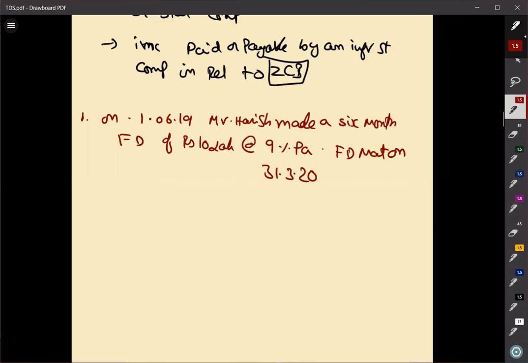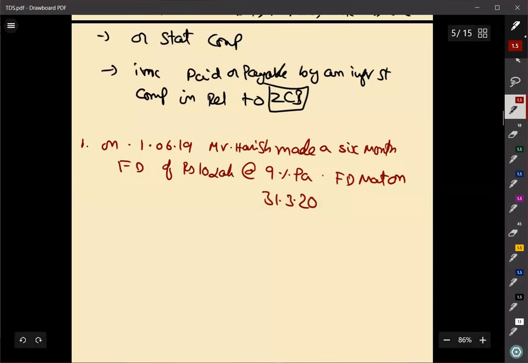Now, here I need to say what is the amount of interest which bank is paying for this period. That's what I need to calculate. So the interest is paid from which period? June. That means apart from April, May, the interest is paid by the bank for the entire 10 months.